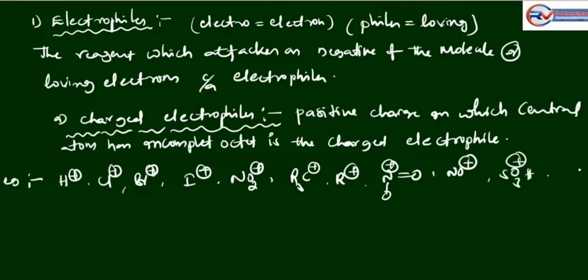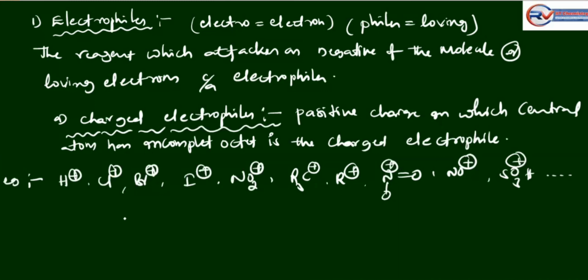These are examples of charged electrophiles. Generally, all cations are charged electrophiles, except cations of first and second group elements, like Al3 plus.